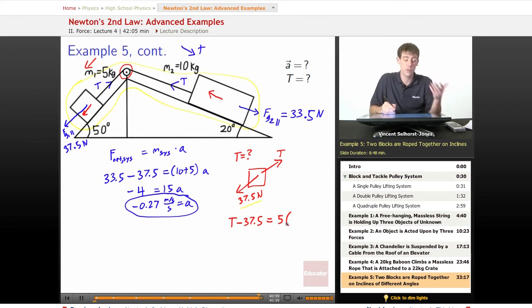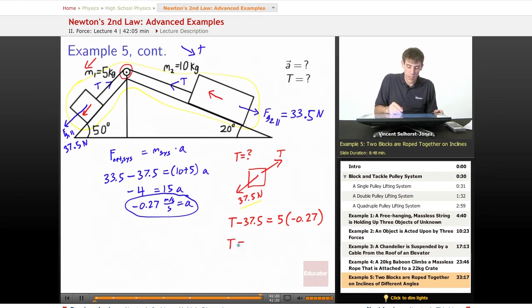The acceleration we just solved for is, sorry, simply -0.27 meters per second squared.